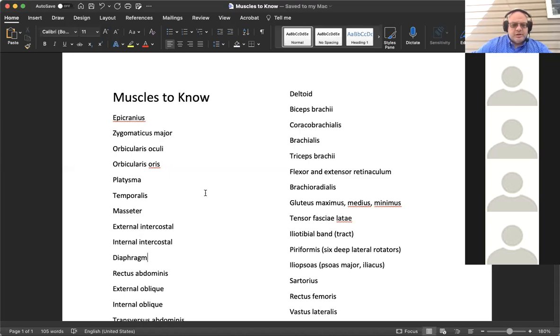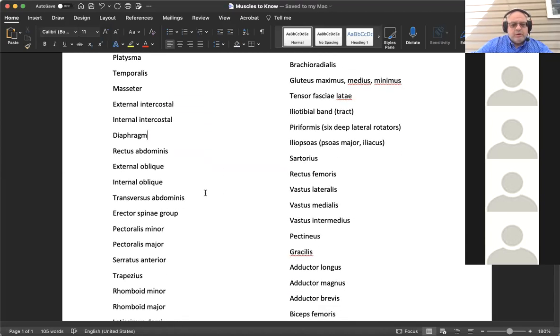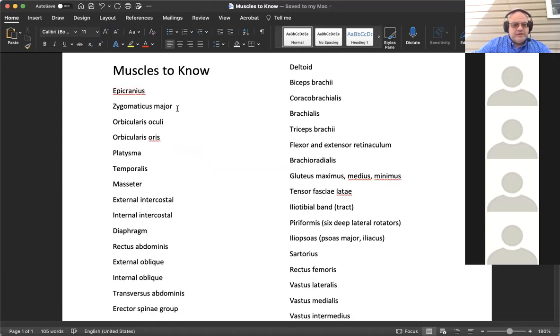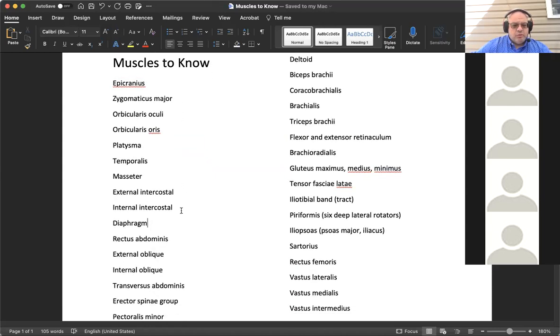What I'd recommend, and I know muscle is always a lot, with bone you've got a lot of new terms, is taking this list and finding each of these one at a time.